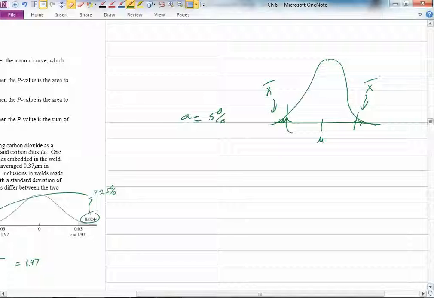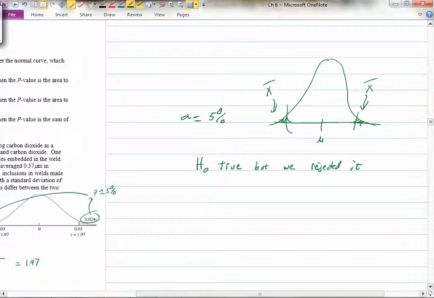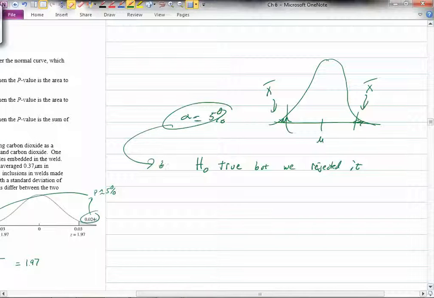So 5% of the time, H naught is true, but we rejected it. And that'll happen 5% of the time if we're doing these 5% level tests. Does everyone see that?